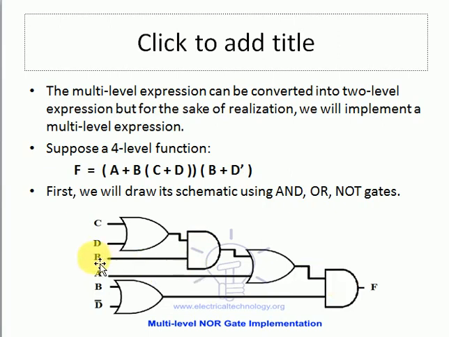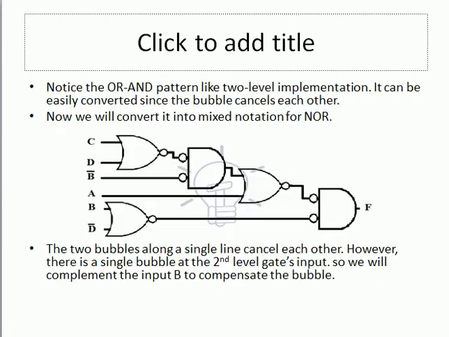But see here, in this AND gate one input is B, and while converting it into the invert AND, we will have the B complement here. I have discussed in the last slide why we have the complement here. So here we have this invert AND gate, and here we have this invert AND gate.